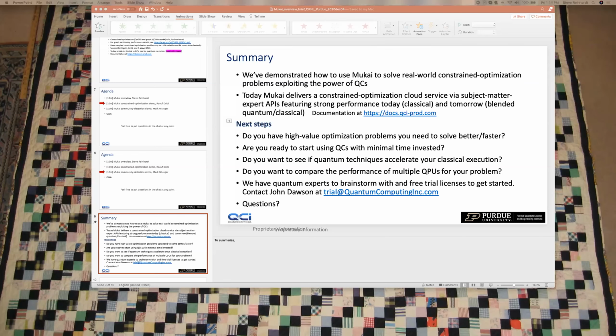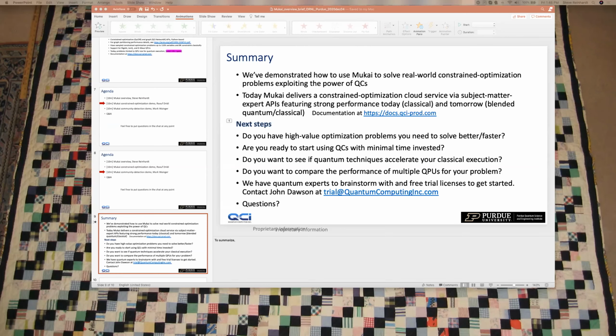No, I agree, and I can't really answer your question without trying the example. Because each problem is different, you cannot really generalize what you see for a particular instance to a completely different problem. But what I can say is what Steve just mentioned: we have done some benchmarking.